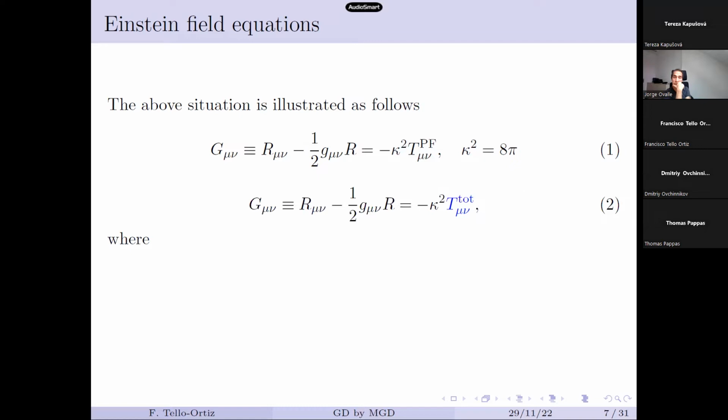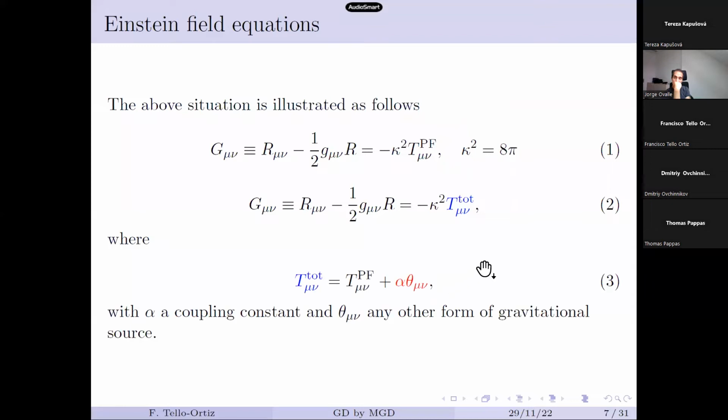Beyond the perfect fluid, or you are coupling the perfect fluid with another source, a new source. It means that you are modifying the energy momentum tensor, okay? Here we have the usual Einstein tensor again, but now our energy momentum tensor is no longer the perfect fluid matter distribution, because now it includes, for example, a new source, okay?